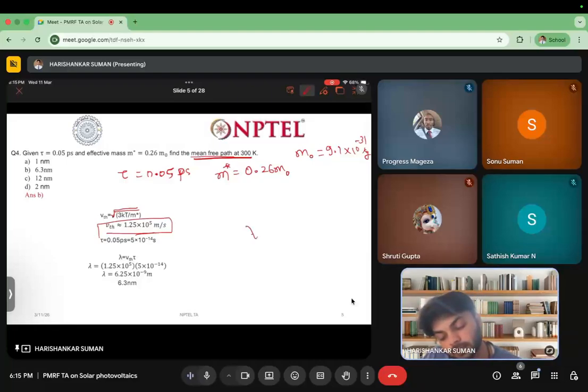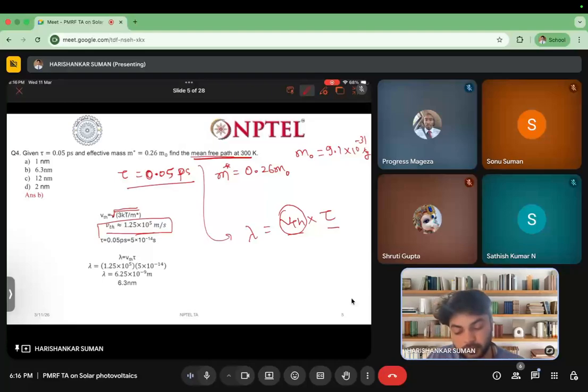So mean free path lambda equals VTH into the relaxation time. First you need to calculate VTH. Tau is already given to you, which is 0.05 picosecond.